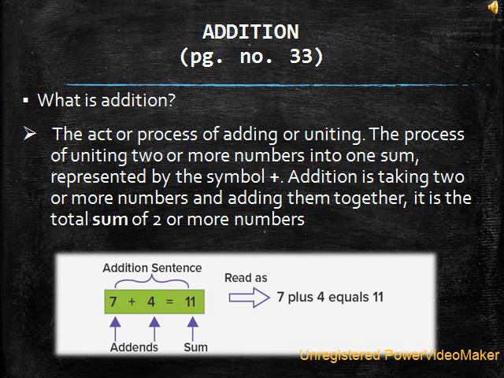So the 11 is our answer, which is known as sum. 7 and 4 are our addends. Addends are the numbers which we will add or which we are adding. We will always remember those numbers as addends. It will be easy for us to solve further questions.